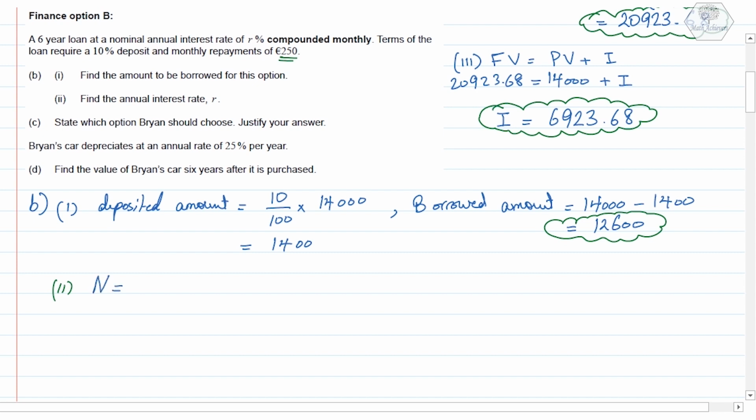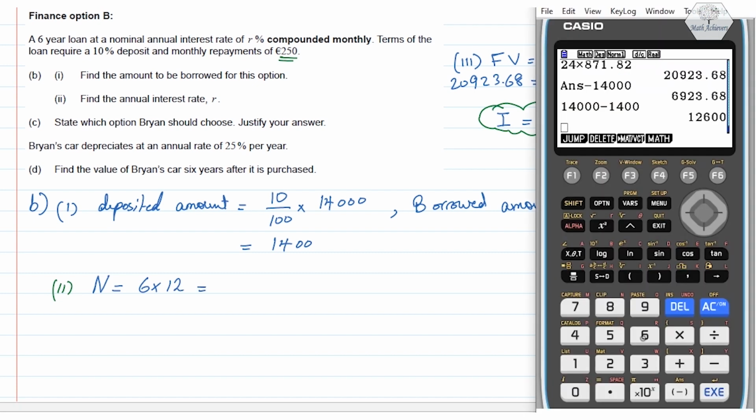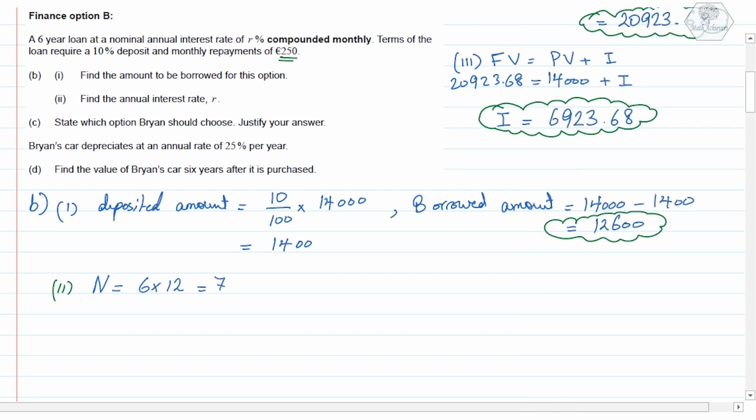N is equal to 6 years and monthly payments, so it's 6 times 12, which is 72 payments. The interest rate is unknown, we have to find it.